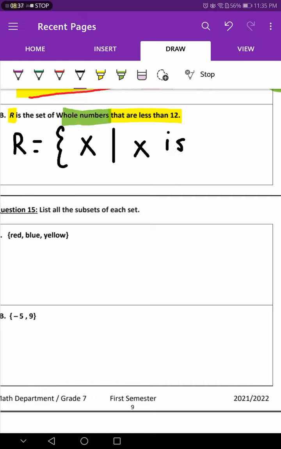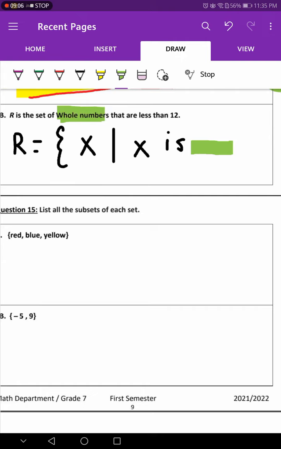Then I bring the number set name. Here this number set is a whole number, so I will write whole number. I bring it from here, my dear student.